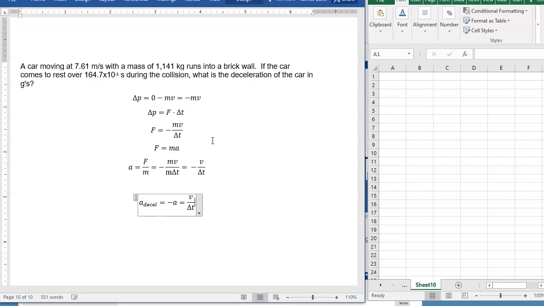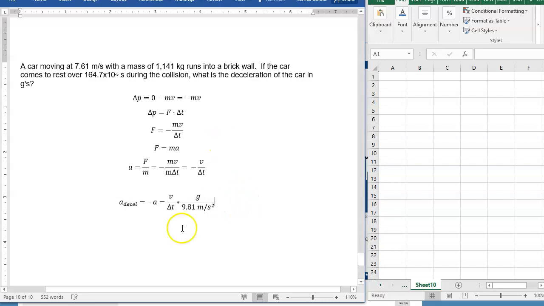And you remember, to convert to G's, we do the conversion factor, G divided by 9.81 meters per second squared.